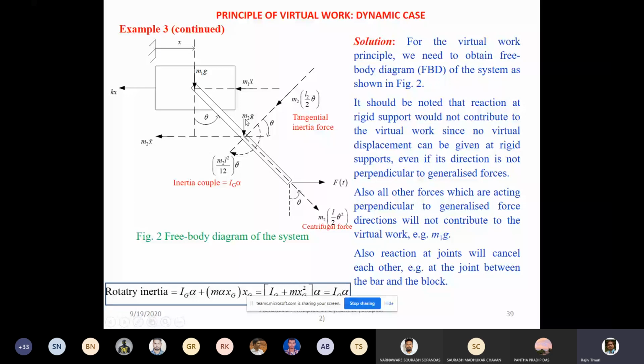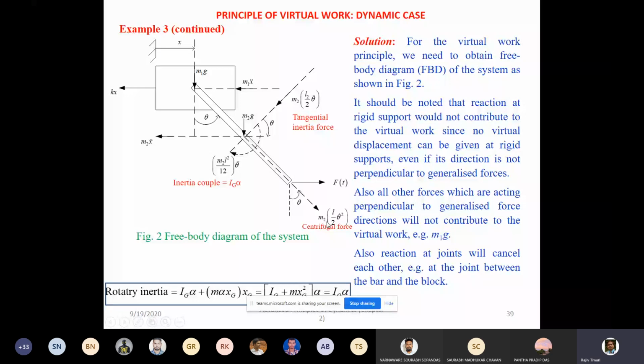Then the centrifugal force, because it's swinging, will be m2 times the radius. Because the center of gravity is at the middle and the total length is L, it is m2 L by 2 theta dot square. Theta dot is the angular velocity of the bar.